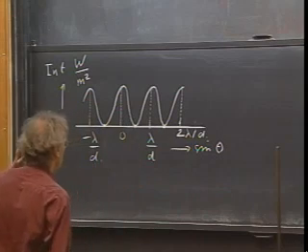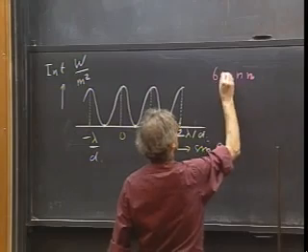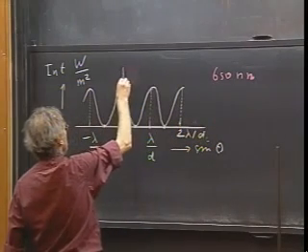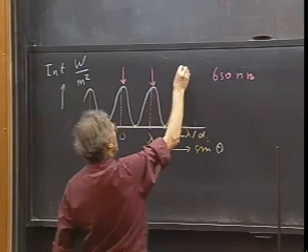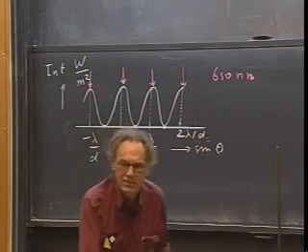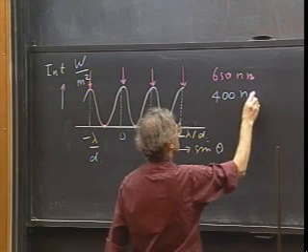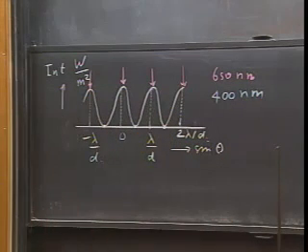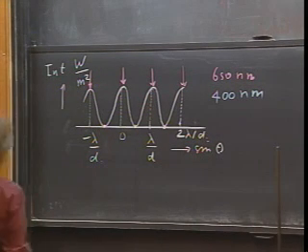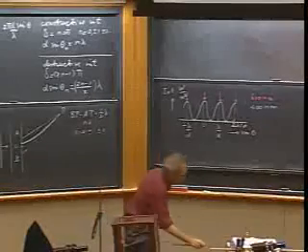So that means if red light, 650 nanometers, falls here as a maximum, and it falls here as a maximum, and it has here a maximum, and it has there a maximum, that blue light, which would have a wavelength, say, I pick 400 nanometers, would not have its maximum at the same location, therefore not the minima either. Because look at the relationship. d sine theta is n times lambda. And so the angles of theta are different.